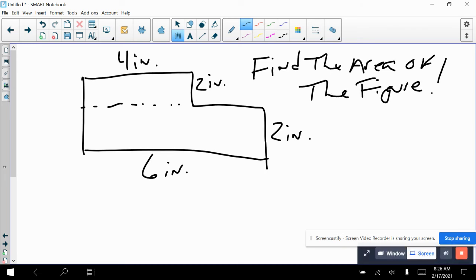Find the area of that figure. I'll give you a couple minutes.